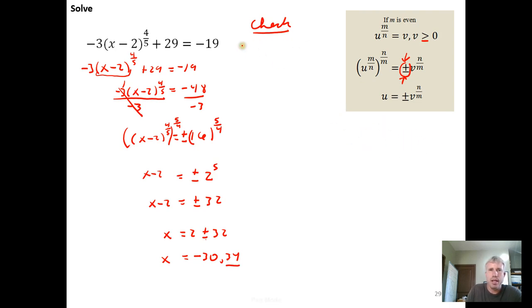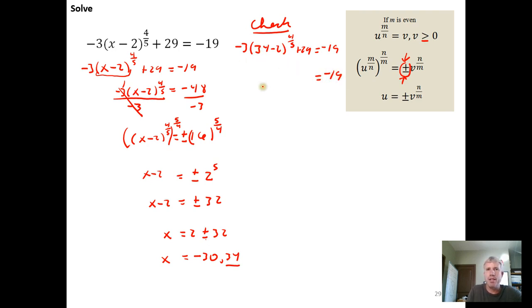So I plug it in: negative 3 times 34 minus 2 raised to the 4/5 plus 29 equals negative 19. Then we could subtract this 29 from both sides, which gives us negative 48? No, we don't need to do that. We'll just simplify the left-hand side and see if we get a negative 19.